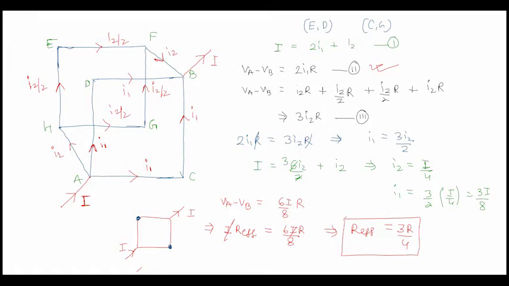Now we are going to discuss the case where the current is entering and leaving from the vertices on the same edge. So let me first of all draw this setup.